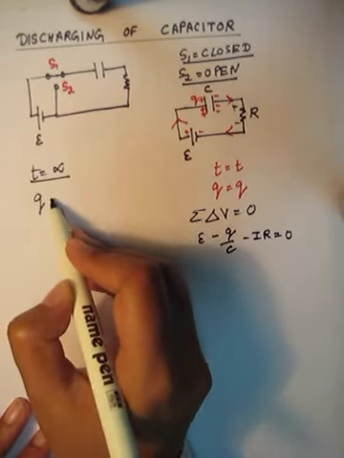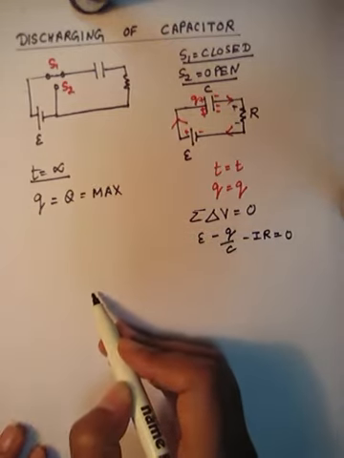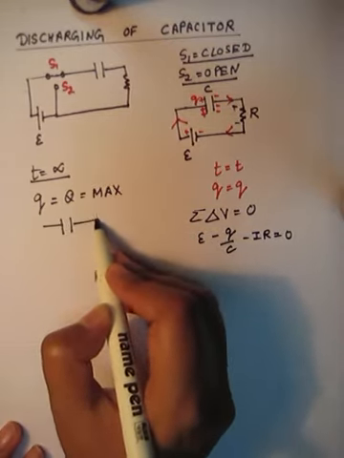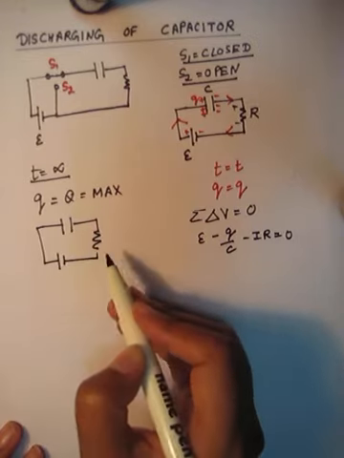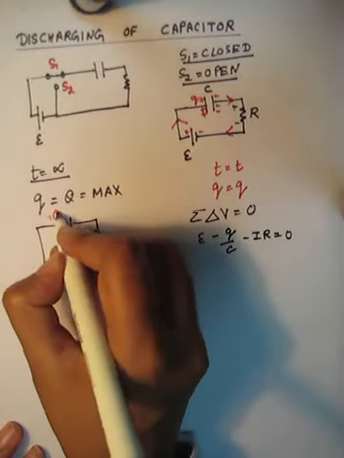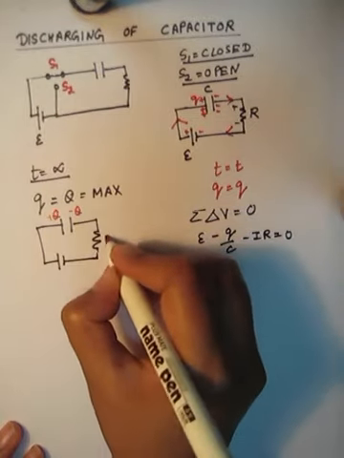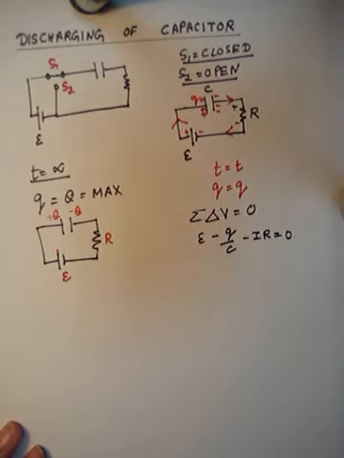Now after this, let's say now that we're talking about any time infinity. At infinite time, charge will be the maximum charge on the capacitor. Okay, so the capacitor will look like this. Okay, so it will have plus capital Q minus capital Q, R and epsilon, the battery. Okay.